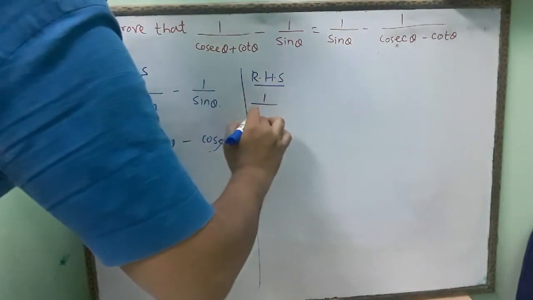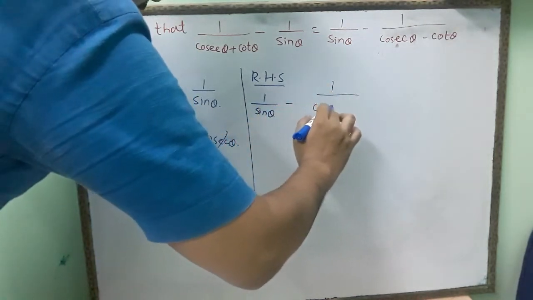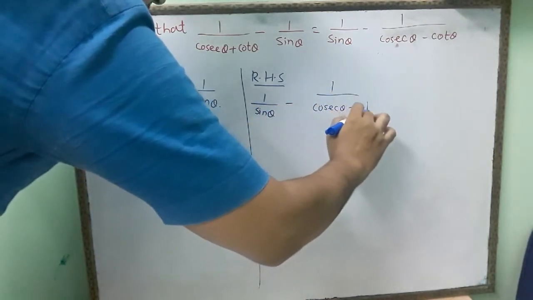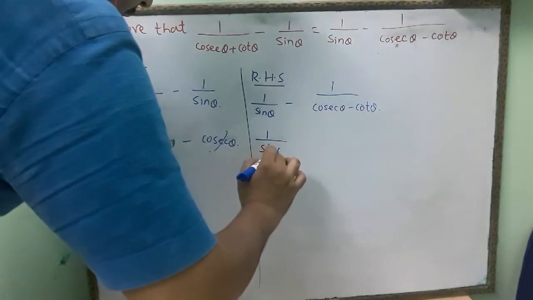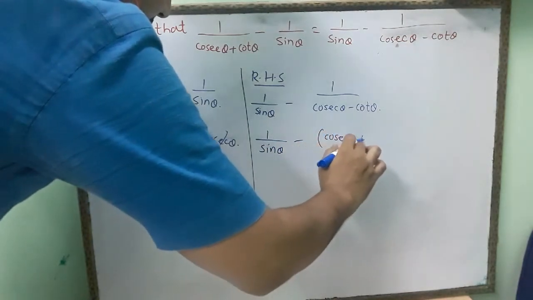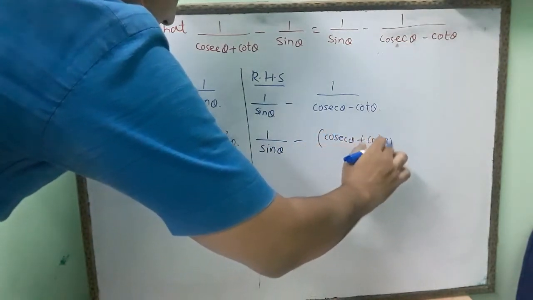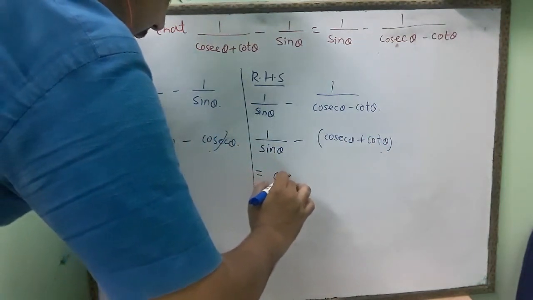Again RHS: 1 by sin theta minus 1 by cosec theta minus cot theta. For this one we will write 1 by sin theta minus cosec theta plus cot theta. 1 by sin theta will be written as cosec theta.